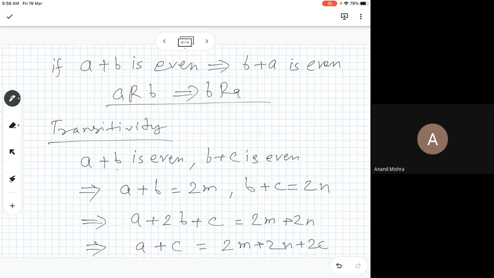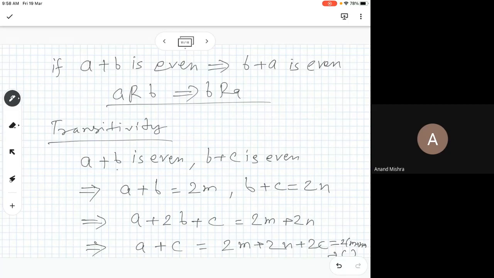If you take 2 outside, it is nothing but 2 times (m plus n minus B). So A plus C is also 2 times some integer, since m plus n minus B is an integer. Therefore A plus C is even. Therefore A is also connected to C via relationship R, and hence proved. So we have proved all three properties.